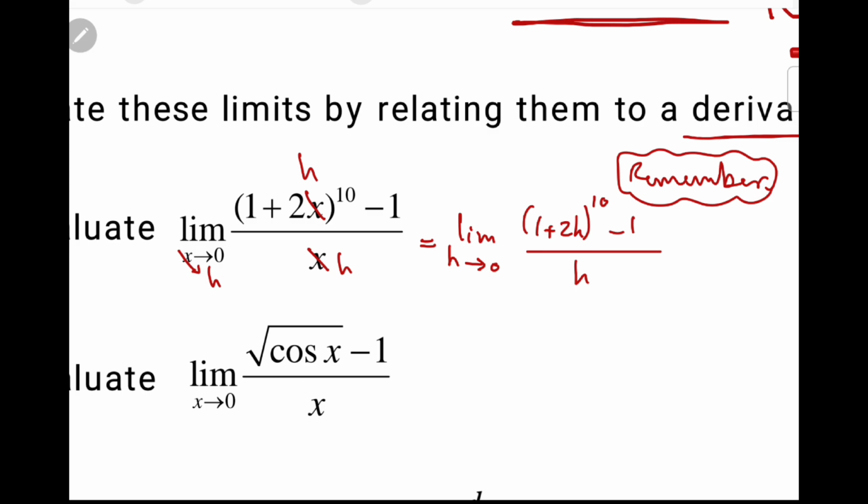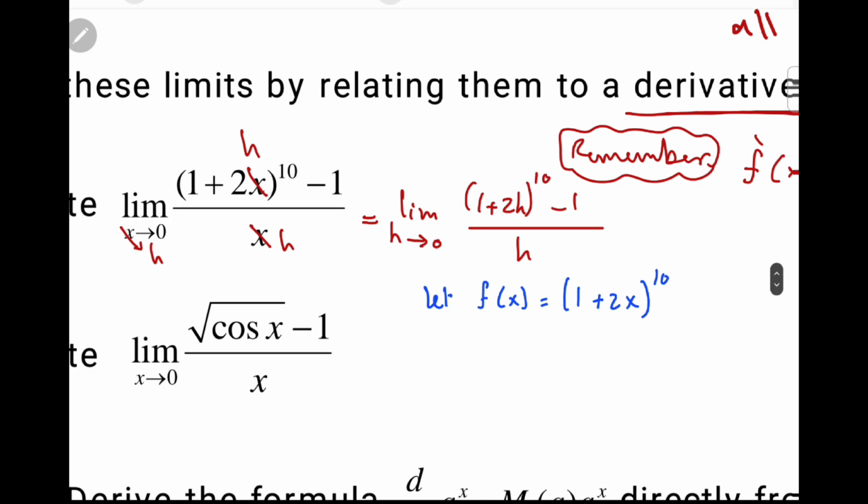So one way to think about this problem is to say that if you let f of x equal 1 plus 2x to the power of 10, then you would notice that we are evaluating the derivative.